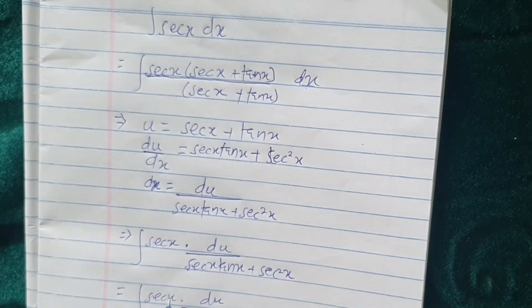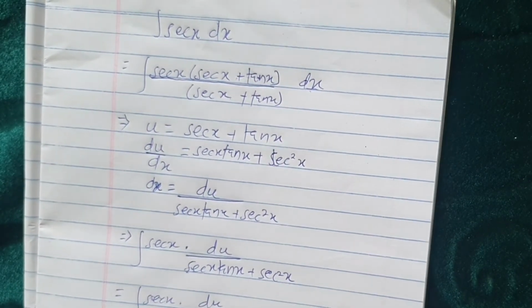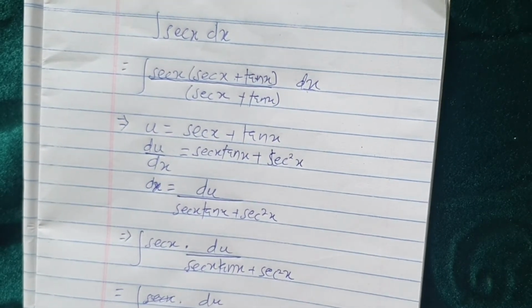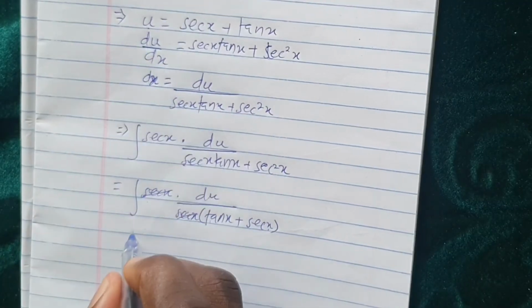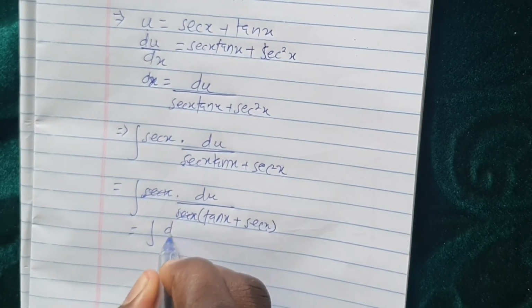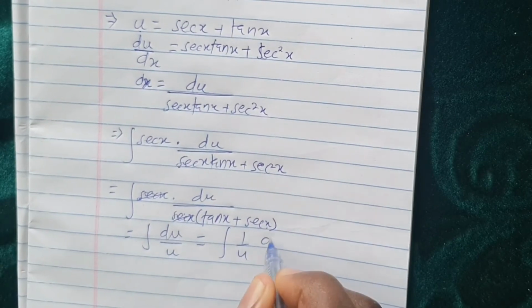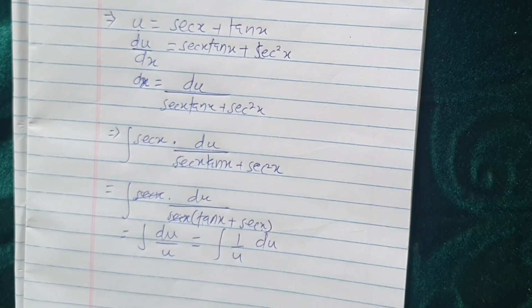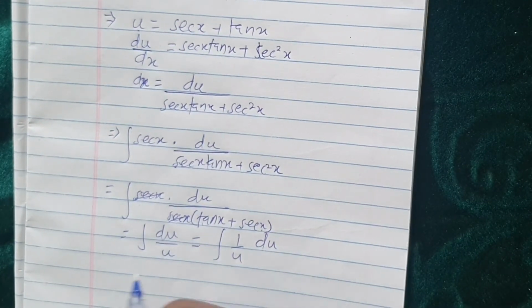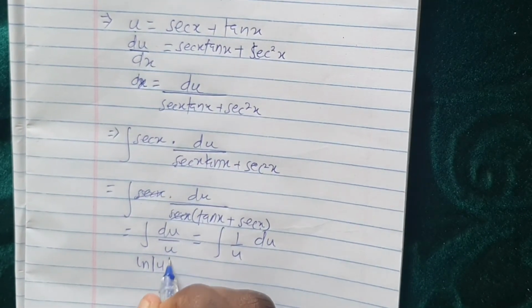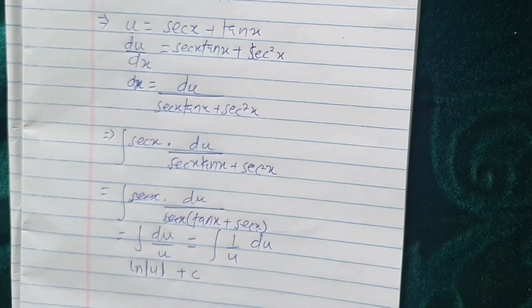You can see that these two will cancel out, but then tan x plus secant of x is u. So we will now have u over u, which is the same thing as the integral of 1 over u with respect to u. The integral of 1 over u with respect to u is the natural log of the absolute value of u plus a constant c.